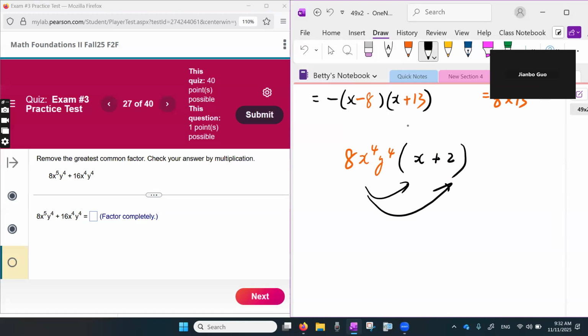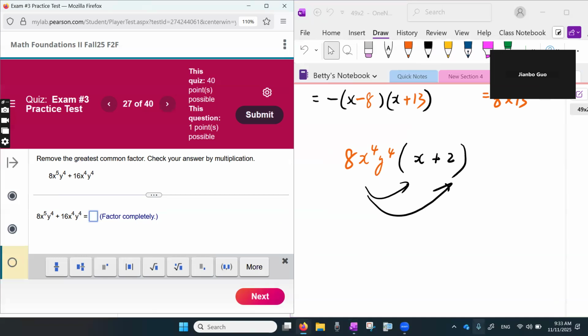All right. If you are not sure, double check by distributive property. 8x fifth, y fourth. 16x fourth, that's fourth, right? And y fourth. Okay, that's the result. X plus 2 inside the parentheses, that is prime, okay? A variable x plus a constant, that binomial is always prime.